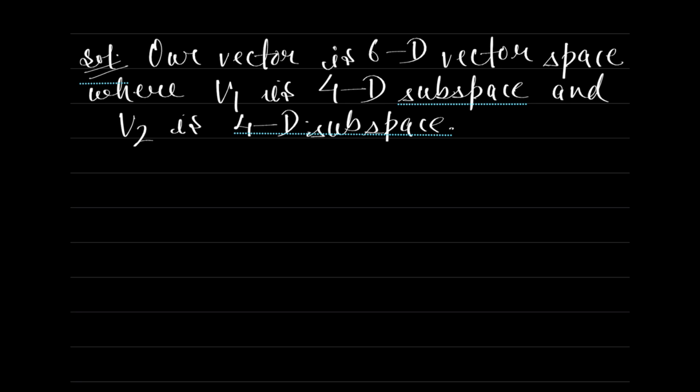Our vector space is six-dimensional, and V1 is four-dimensional, meaning it has only four vectors, not R power 4.